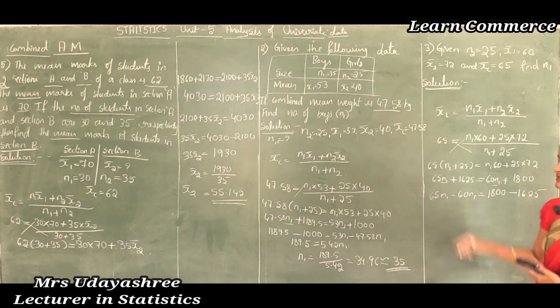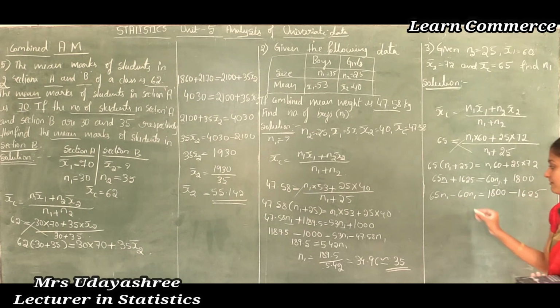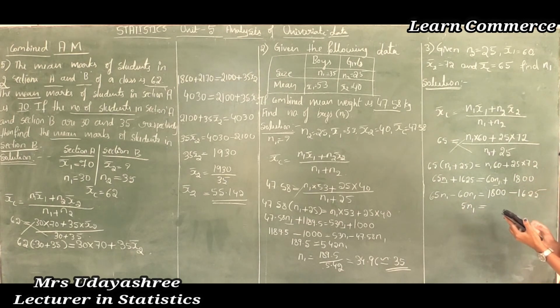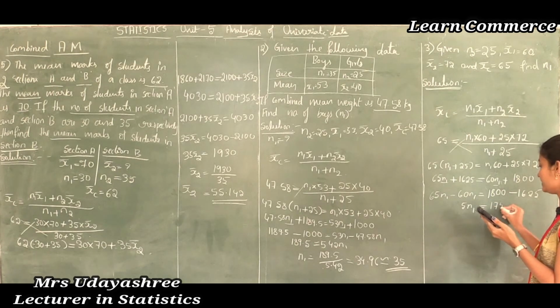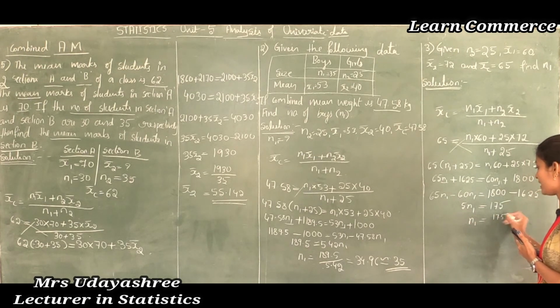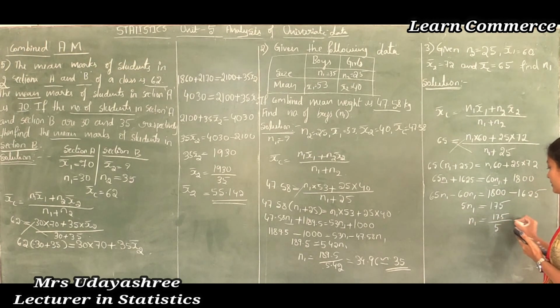So 5 N1 is equal to 175. Then N1 is equal to 175 divided by 5, which is 35. So here the value of N1 is 35.